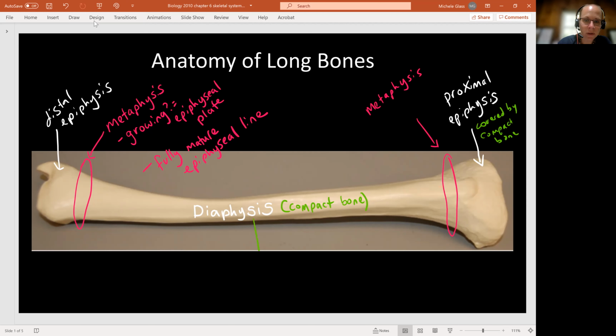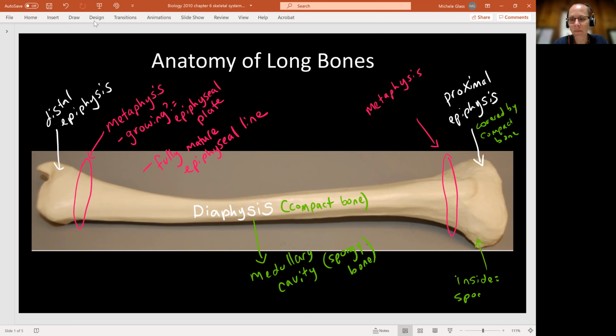It's also important to note that inside the diaphysis, we have a space called the medullary cavity. And we'll see the medullary cavity is going to be lined by spongy bone. And we'll see that the inside of your epiphyses, so actually both ends, is going to have spongy bone.